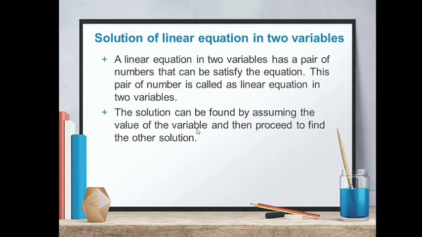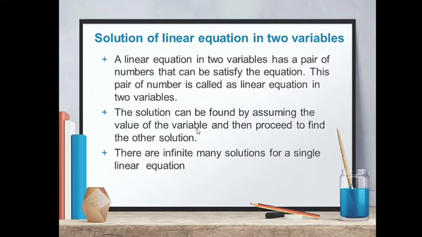The two variables we can consider as x and y, and by putting values in those variables we can find the solution. There are infinitely many solutions for a single linear equation in two variables. Whenever an equation is given, an infinite number of solutions are present.